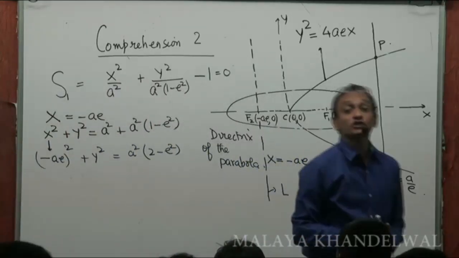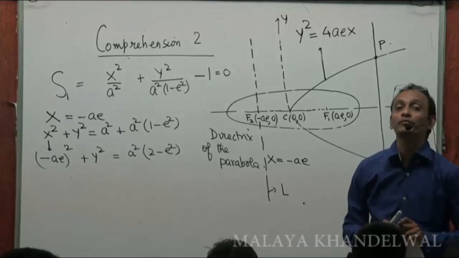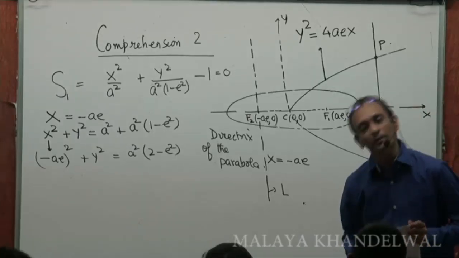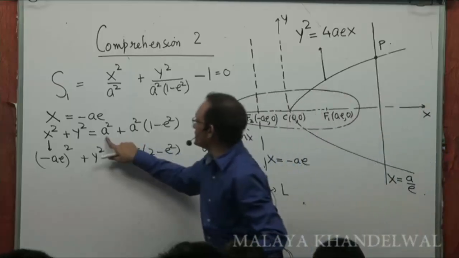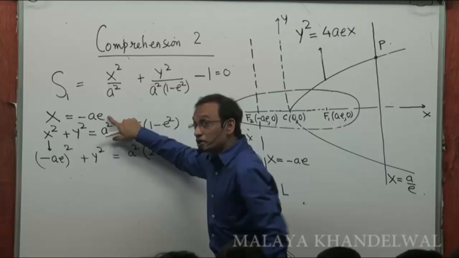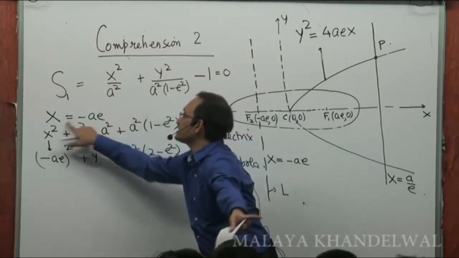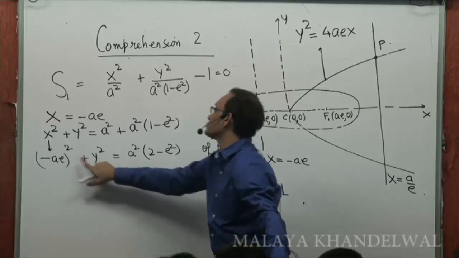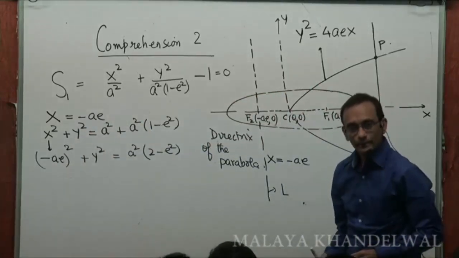It will lie on the directrix of the parabola, and the two tangents drawn from that point to both the parabola and the ellipse would be perpendicular to each other. Yes or no? x squared plus y squared equal to a squared plus b squared is the director circle of the ellipse. The directrix is the director circle of the parabola. Intersection of these two: put x equal to minus ae whole squared and solve for y squared. Got me?